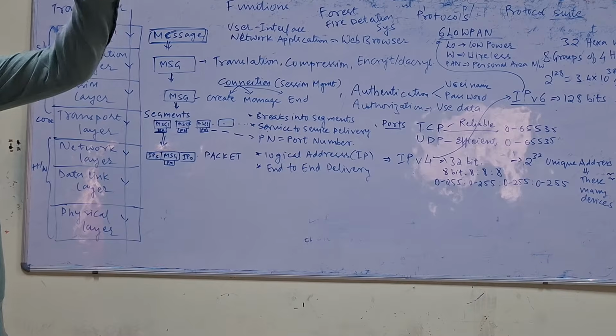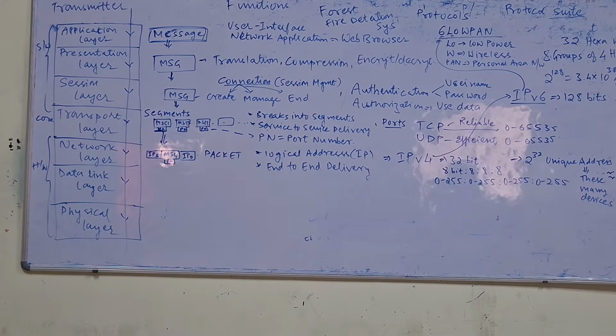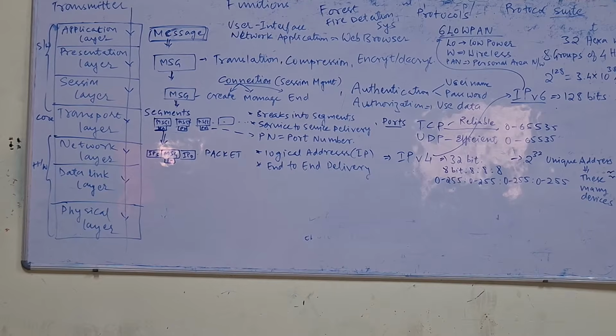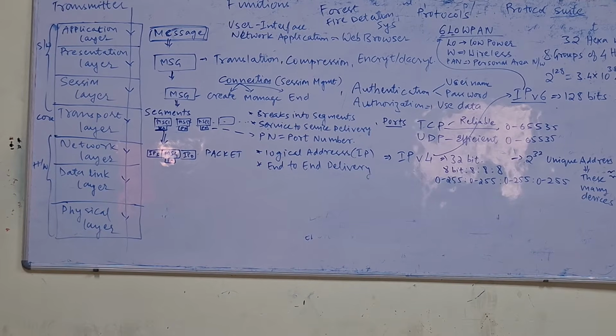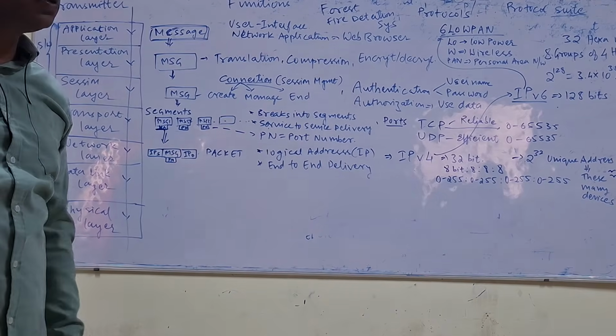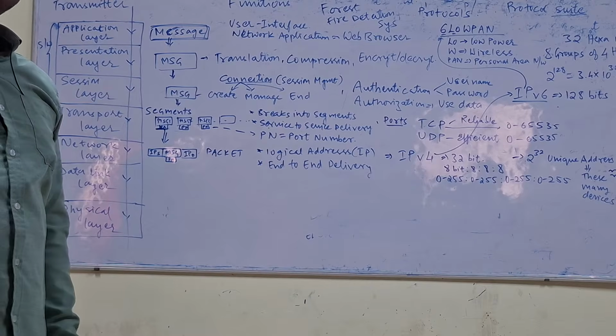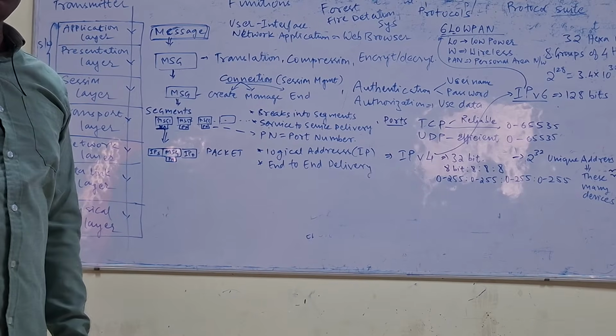The forest is spread across 1,000 acres. If I keep a sensor at one corner, and on the opposite side of the forest the fire has occurred, will this detect it? No. I need thousands of sensor nodes.